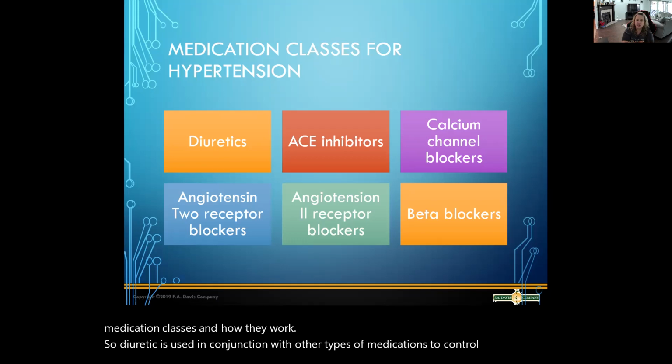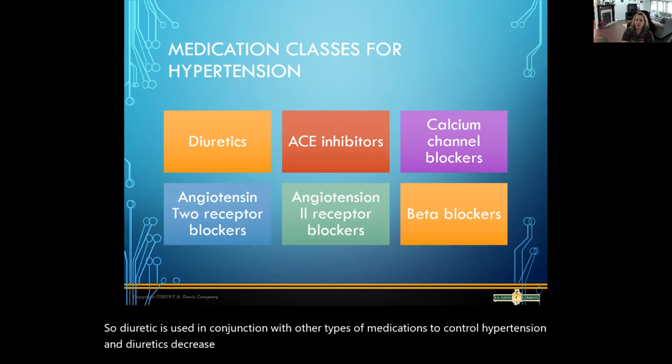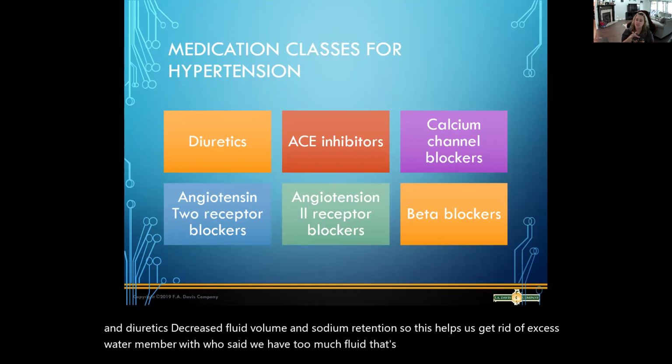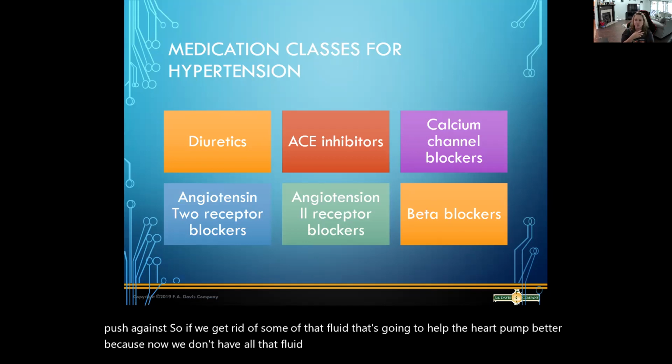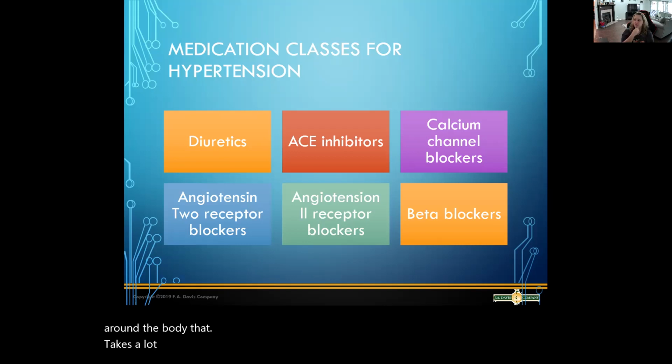Diuretics decrease fluid volume and sodium retention, so this helps us get rid of excess water. Remember, if we have too much fluid, that's more resistance that we have to push against. If we get rid of some of that fluid, that's going to help the heart pump better, because now we don't have all that fluid volume that we have to continually pump around the body. That takes a lot of pressure to pump around.